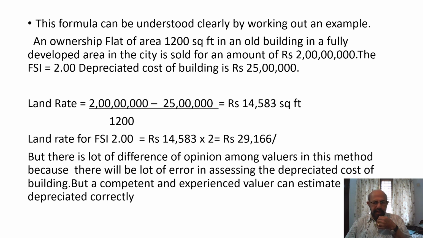So, land rate is equal to 2 crores minus depreciated value of the property 25 lakhs divided by the area of the flat is equal to rupees 14,583 per square foot. Land rate for FSI 2 is equal to rupees 14,583 into 2 is equal to rupees 29,166.